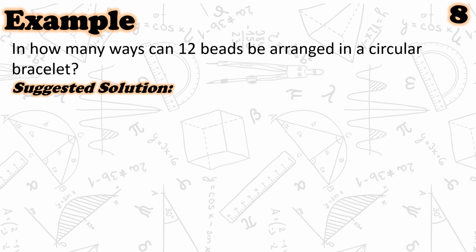Since arranging 12 beads in a circular bracelet, the clockwise and anticlockwise orders of beads are the same. Hence, we use the n minus 1 factorial over 2 formula.